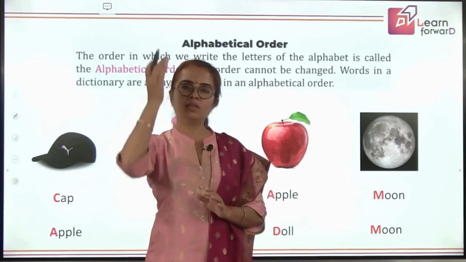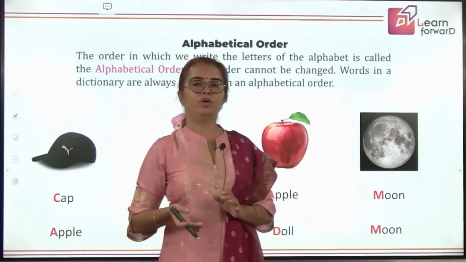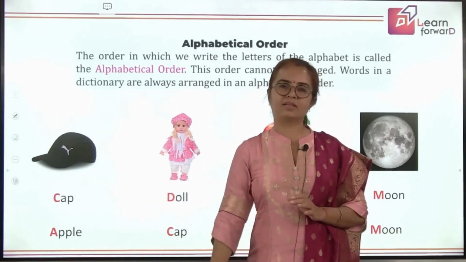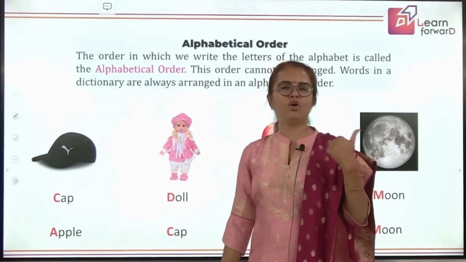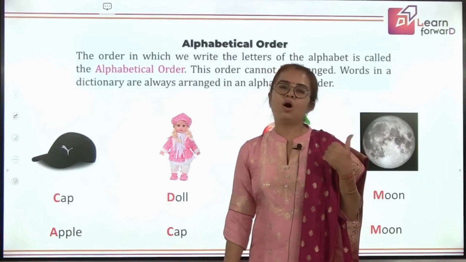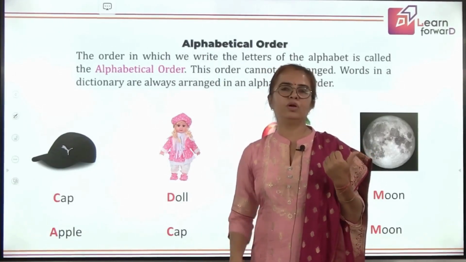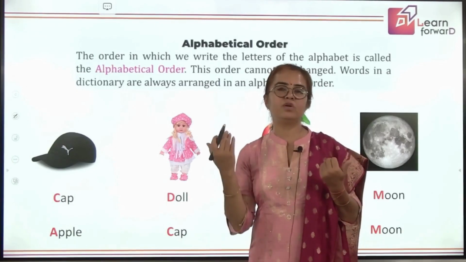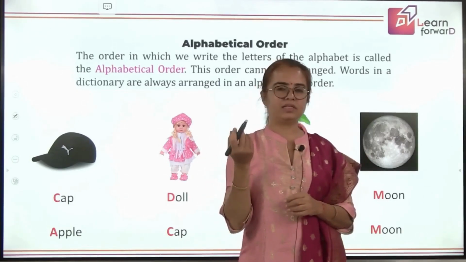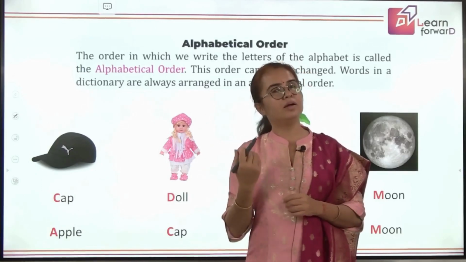Then all the words starting with B will be put together, followed by C, D, E, F, like that. And then if you want to find out a word with X or Y or M, what will you do? You'll just turn the pages where you have all the words starting with that particular letter and you'll try to find out the meaning there.